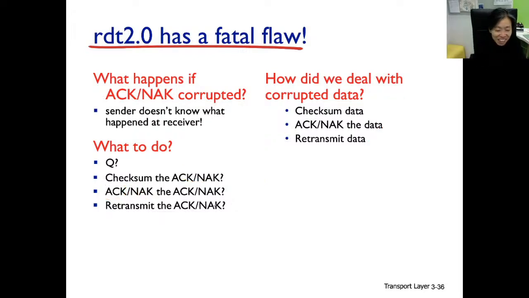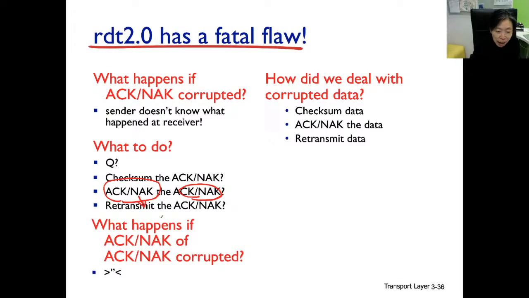But if you think a little bit further, how do we ensure that the ACK NACK for the ACK NACK is going to arrive back at the receiver, right? What if these are corrupted and therefore the receiver will not be able to tell whether the former ACK NACK being sent is corrupted or not?